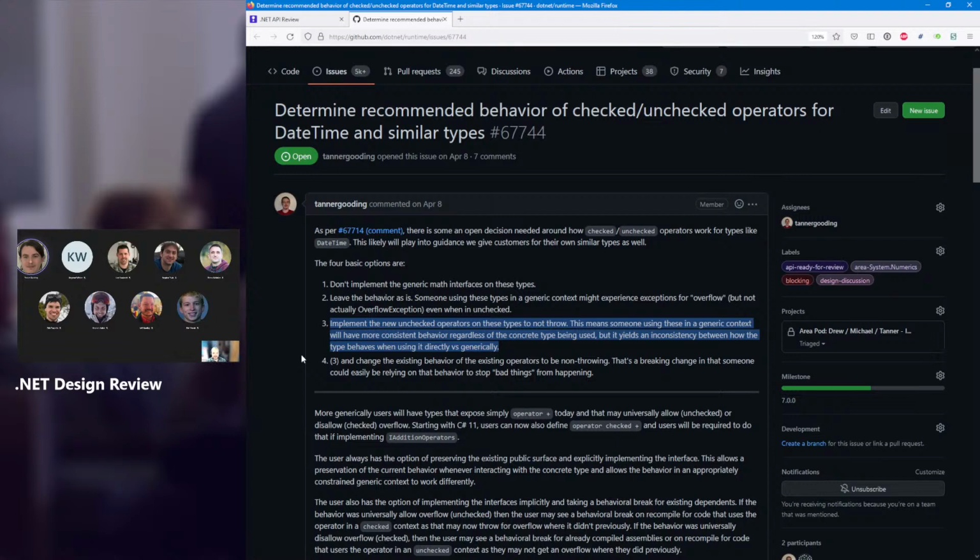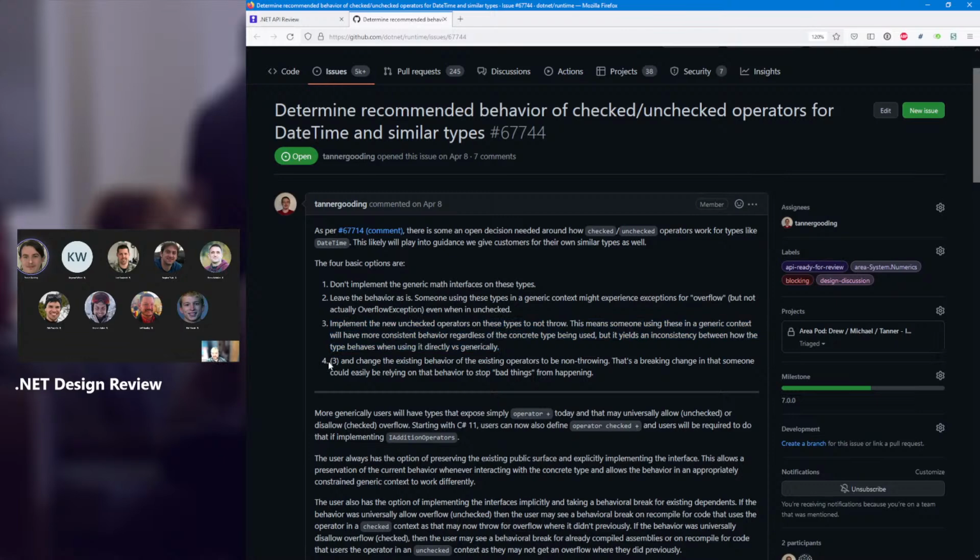What this functionally means is that when using the concrete type directly, that is, you have a concrete big integer and you convert it to an int, it would maintain the existing behavior. But when used in a generic context, it would match the new generic context, and it would, for example, throw in a checked context, and it would truncate in an unchecked context, matching how the other primitive integer types and conversions work.